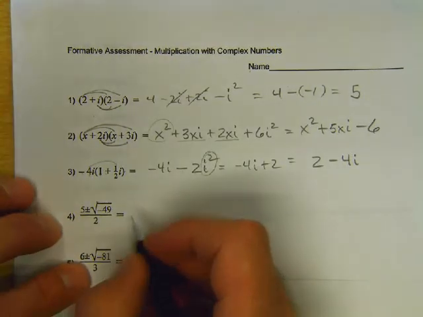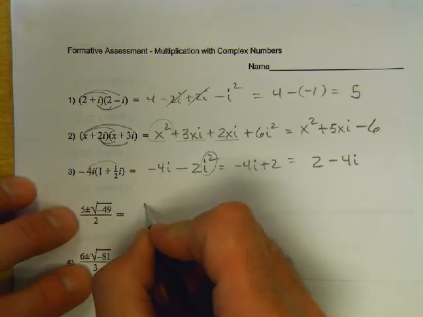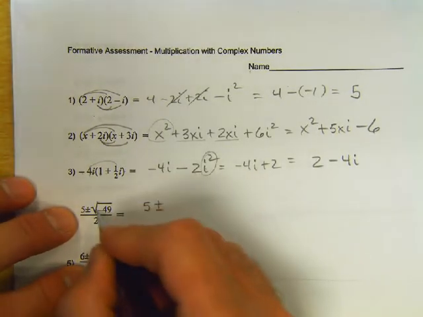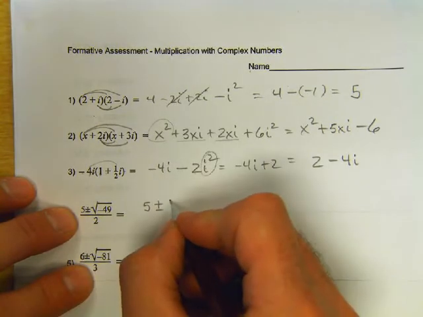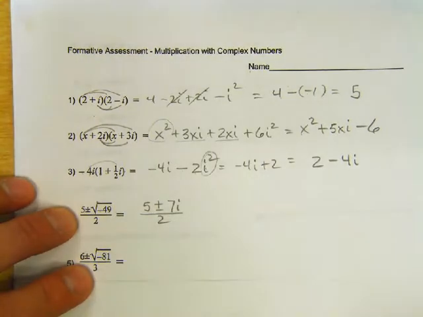This next one looks like the results of a quadratic formula. So we're going to end up with 5 plus or minus the square root of 49, which is 7. The square root of negative is i, over 2.